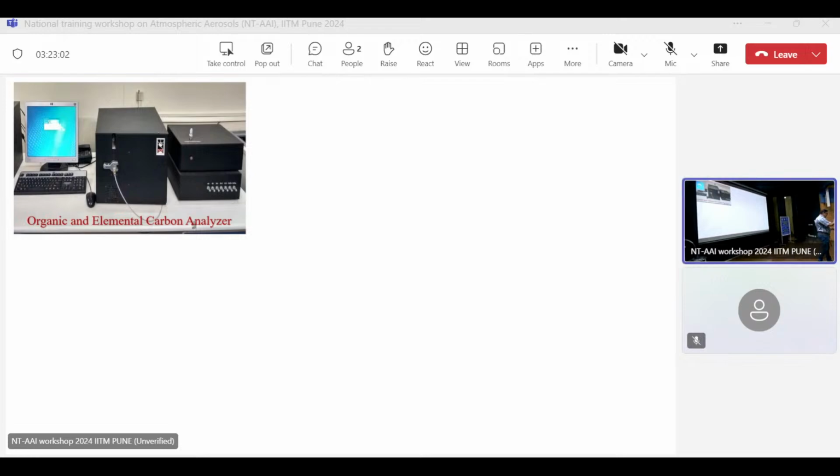So I am repeating. You put the filter. There is some transmission because of the elemental carbon present there. Then we start heating in inert atmosphere, so only thermal decomposition. Things are coming off, getting oxidized, forming CO2, then you are reducing into methane. Part of it is converting into pyrolyzed carbon.